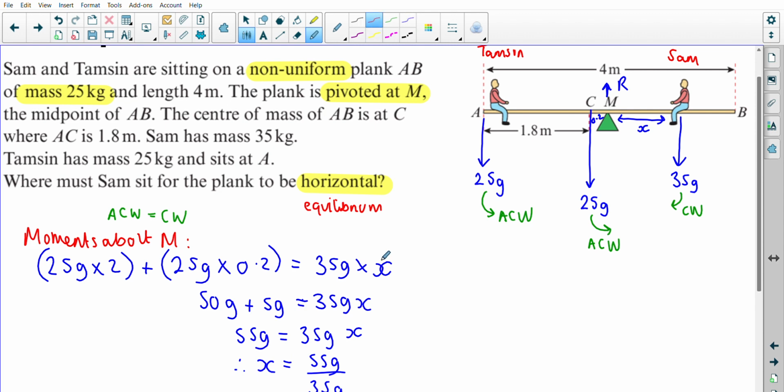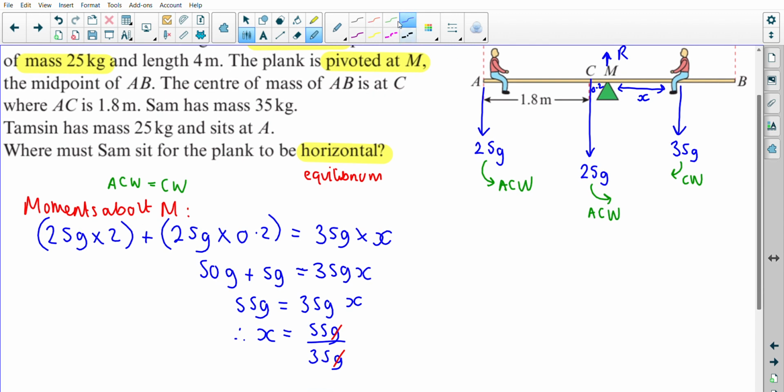Now the g's will cancel, and I'm left with 55 over 35, which is 11/7, and I'll get that as a decimal. So that must mean that Sam needs to sit 1.57 meters from M.